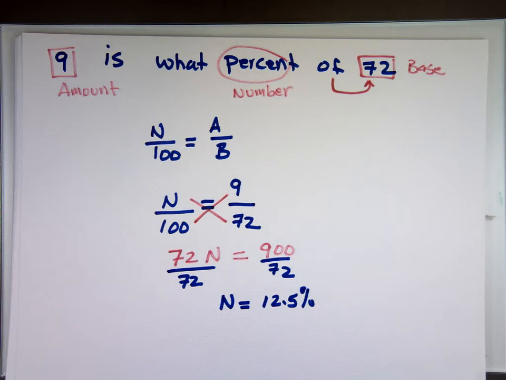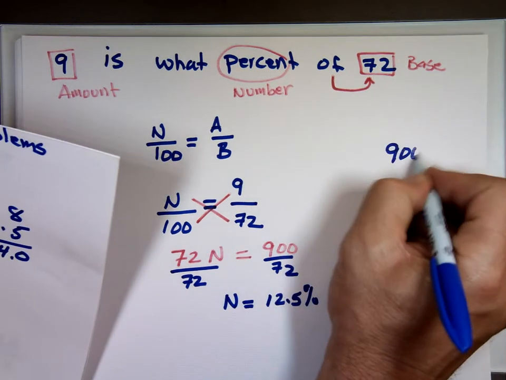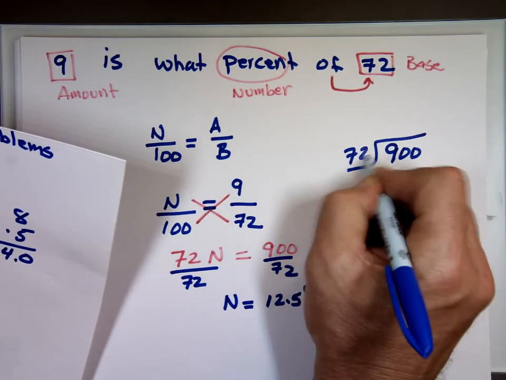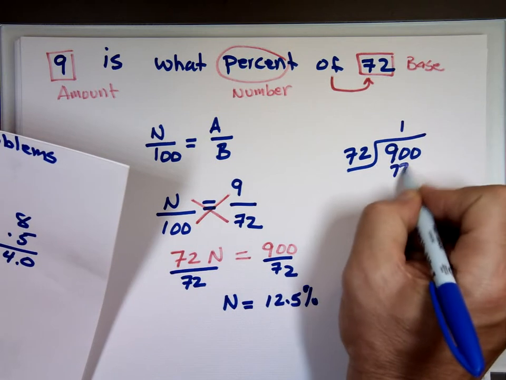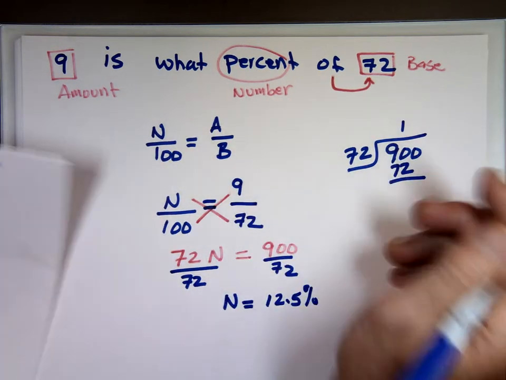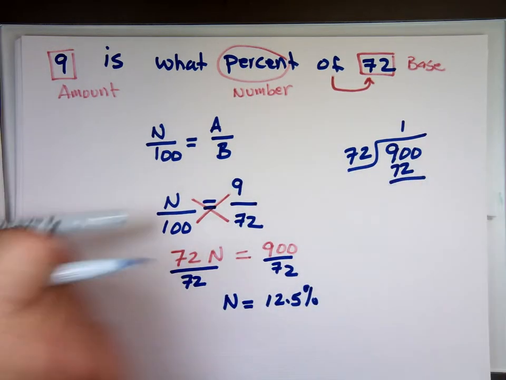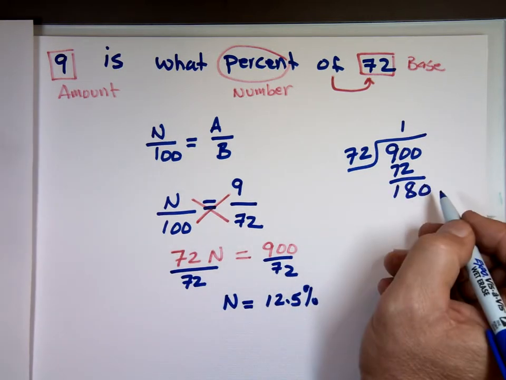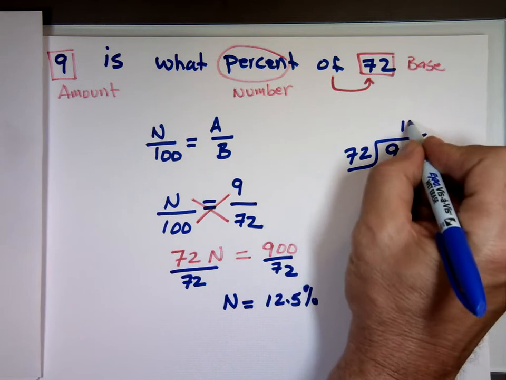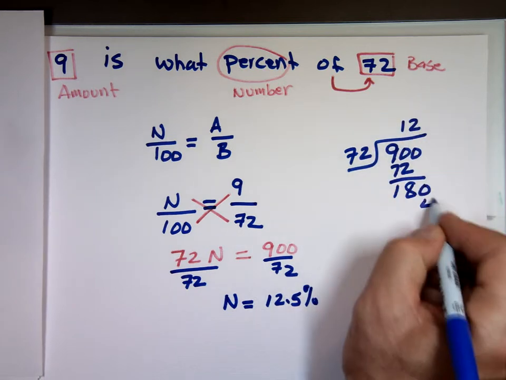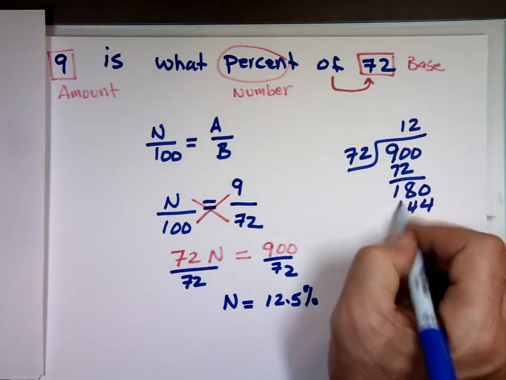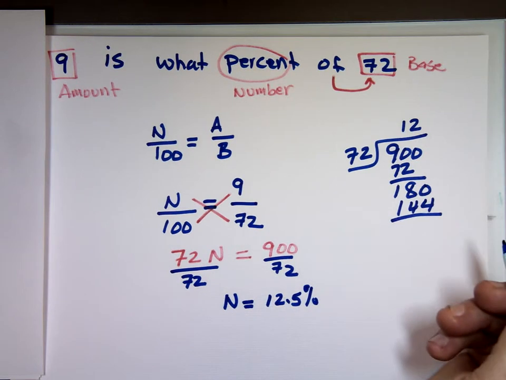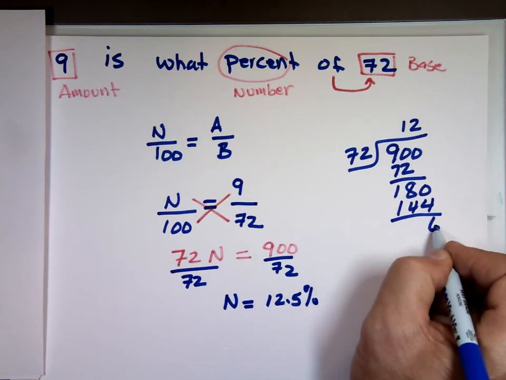So you go 900 divided by 72. 1 times the 72 is 72. It would have been easier if I simplified, but I was stubborn. That's 18. Bring that 0 down. 180 by 72 is 2. 2 times 2 is 4. 2 times 7, 14. 4 from 10, 6. 4 from 7, 3.